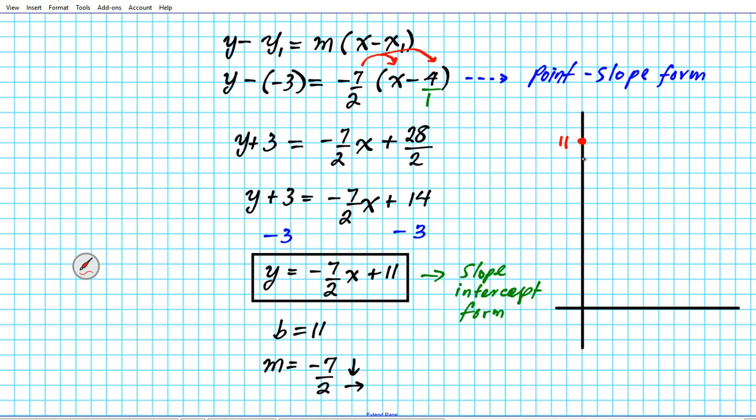We're now going to drop 7 points: 1, 2, 3, 4, 5, 6, 7, and then we're going to run 1, 2. That takes us to the second point on the line. Let's go ahead and graph the line through the two given points. Alright, so there goes your line right there through the 2 points that we graphed.